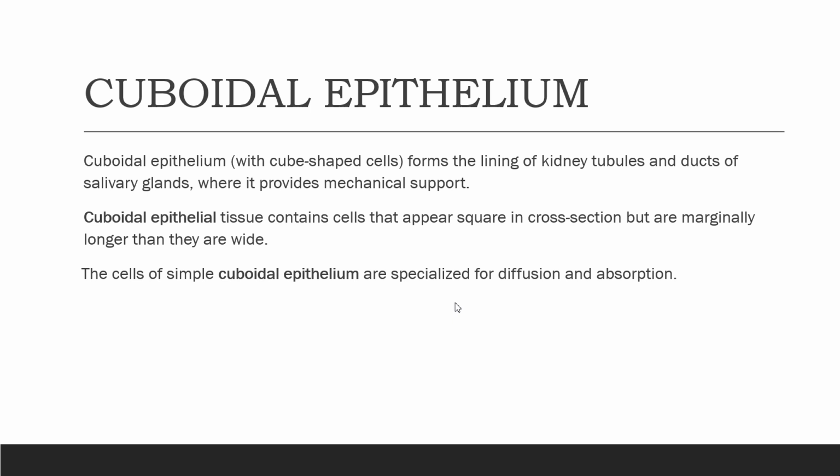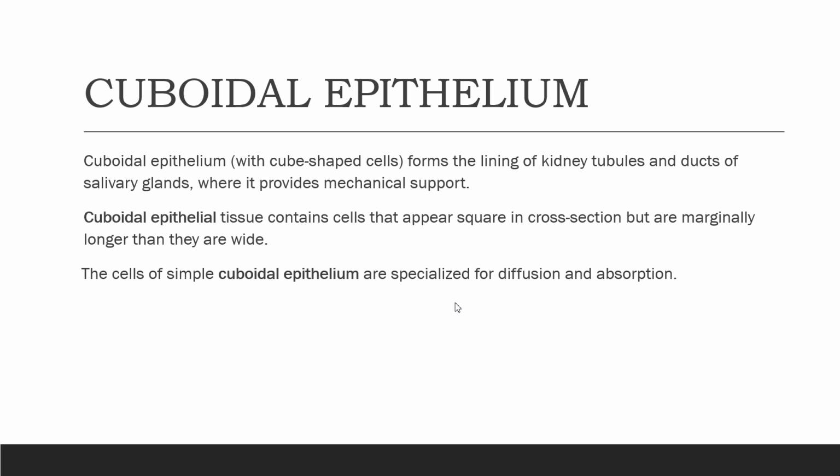Okay, so cuboidal epithelial tissue contains cells that appear square-like. If we take a cross section, it will appear square, but when we observe them at the corners, they look longer than they are wide. So they are cuboidal epithelial cells or tissue.